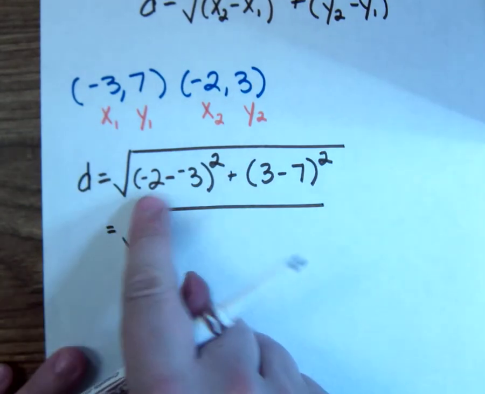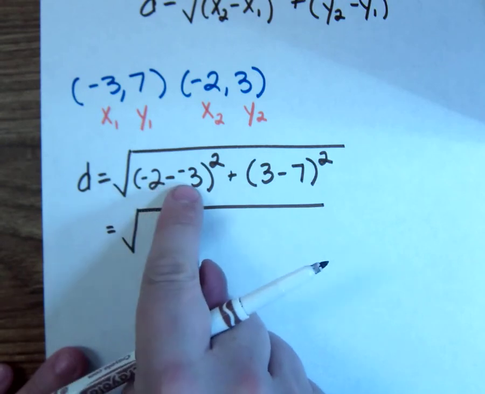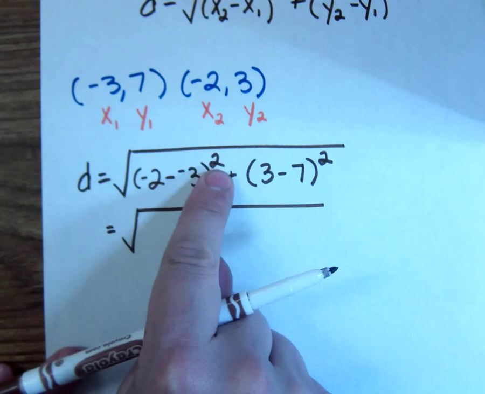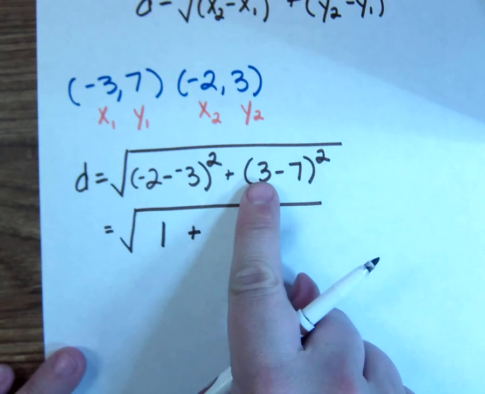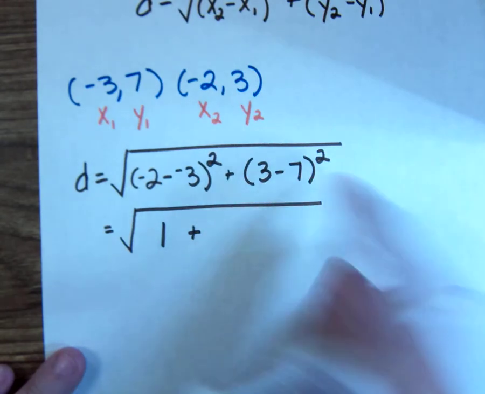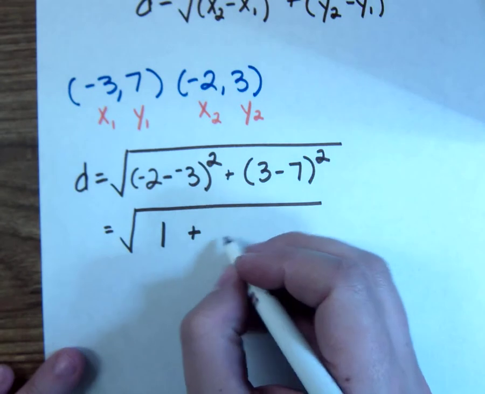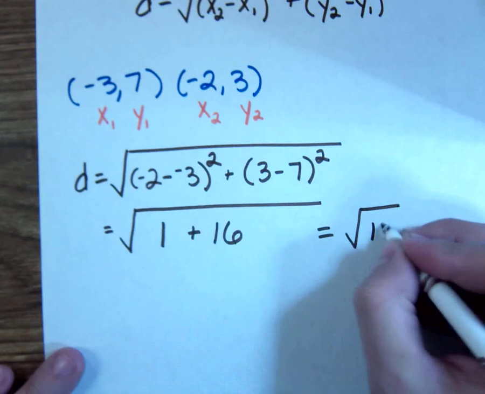What is -2 minus -3? Well, that's the same thing as -2 plus 3, which is 1, and 1 squared is 1, plus 3 minus 7 is -4, and -4 squared is +16. So when it's all said and done, this is the square root of 17.